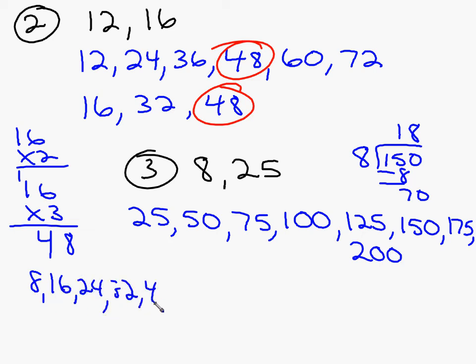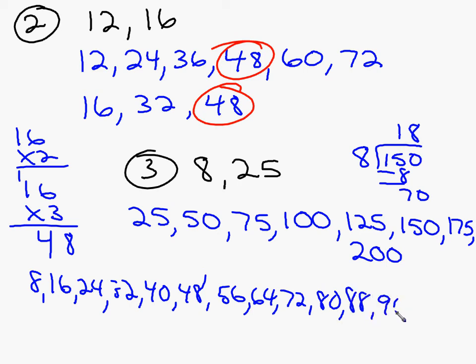Okay? But I can tell you that if I list these, I'm not going to get a common one. I mean, you have to list a whole bunch, right? But you will not get a common one until you get to 200.